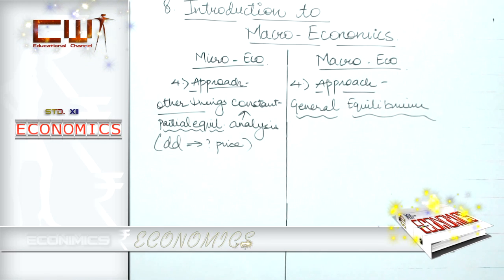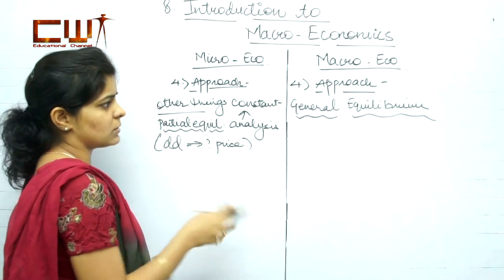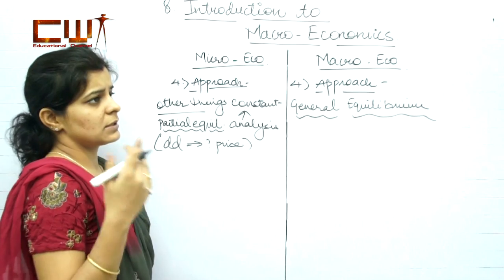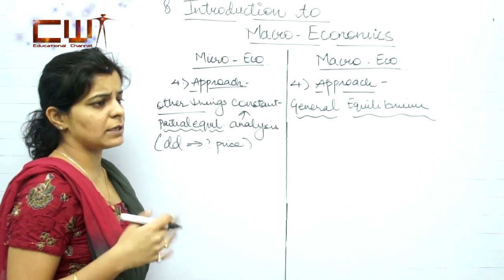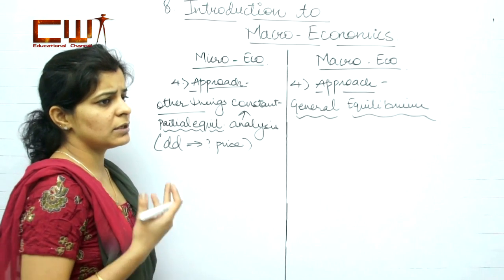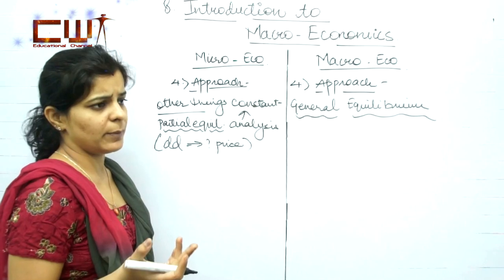In macroeconomics, everything depends on everything else. For instance, the income effect, savings effect, investment and so on. If output increases, employment will increase, income increases, consumption increases, savings increase, and investment will increase.